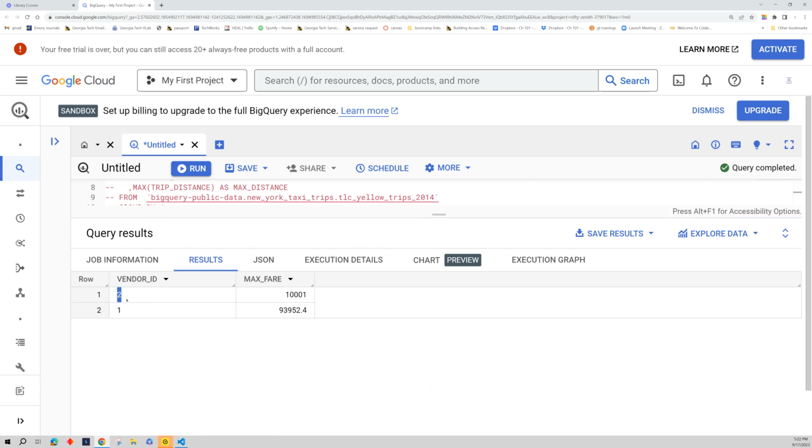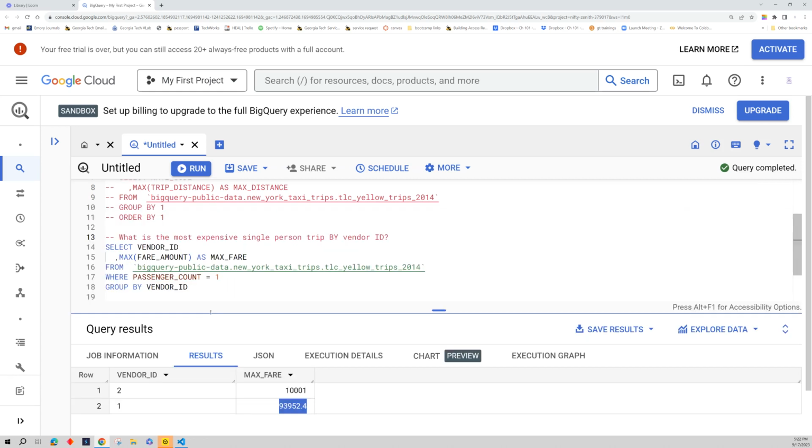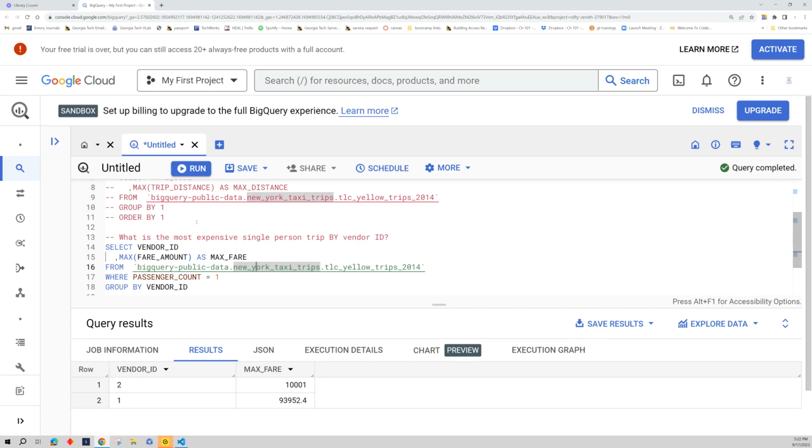Okay, so for vendor ID 2, the most expensive trip was $10,000. And for vendor ID 1, the most expensive single person trip was almost $100,000. So again, whenever you're looking at real life data and you're looking at the max and the min, you're probably going to find what we call bad data, outliers, typos, things like that.